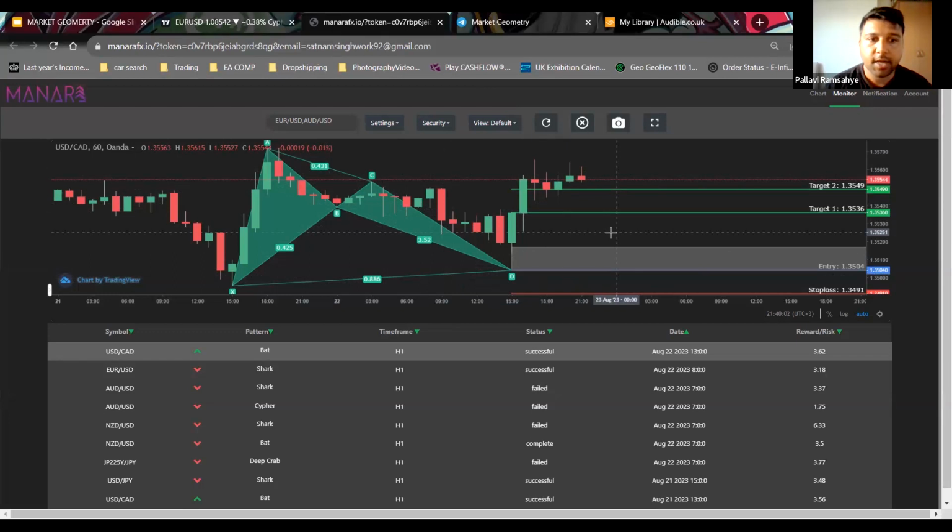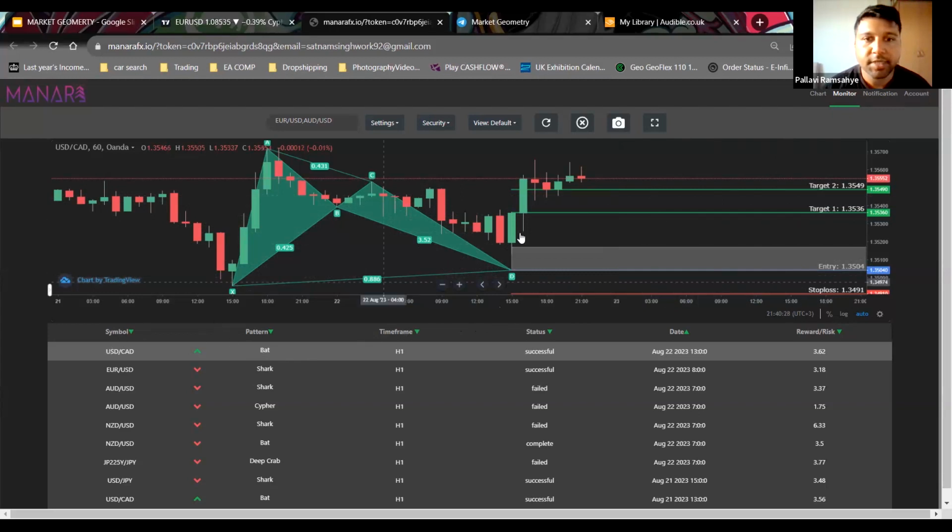And with Monara, it just makes it that bit easier to just come straight onto here and see all the patterns and get that double confirmation that it is a bat pattern or a shark pattern, etc. And it gives you this entry point and it gives you your stop loss and your 2 target points as well. So it's a very good system that we have here.